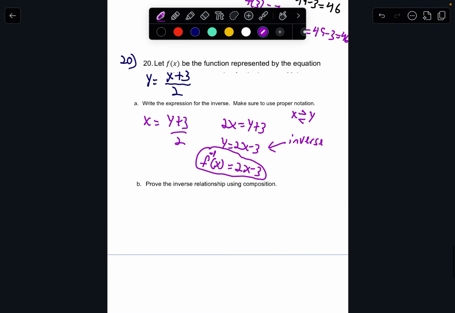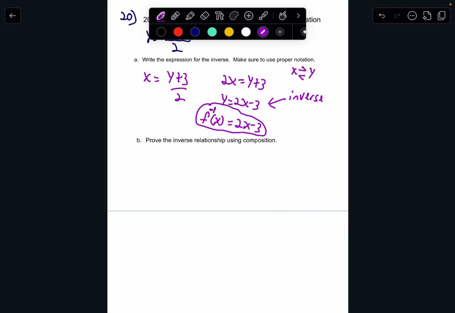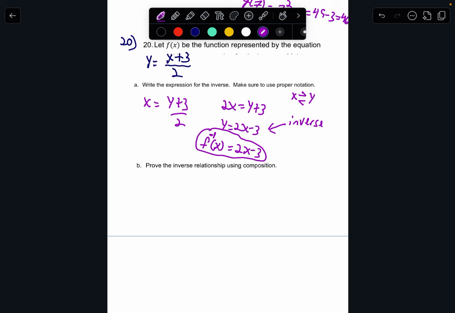Now, something again we're going to talk about on Thursday, but this is all extra credit. The idea of proving the inverse relationship using composition is that if two functions are inverses and you do a composition, you're going to get just straight up x back, nothing else. All right? So, if y equals x plus 3 over 2, I'm going to say that's f of x equals x plus 3 over 2.